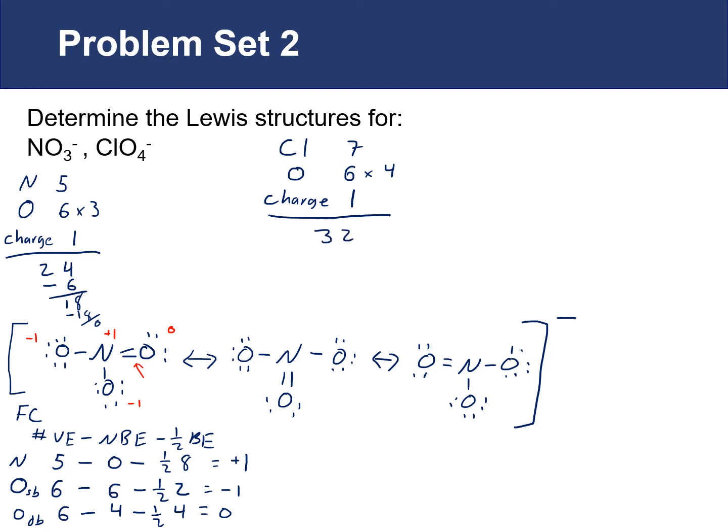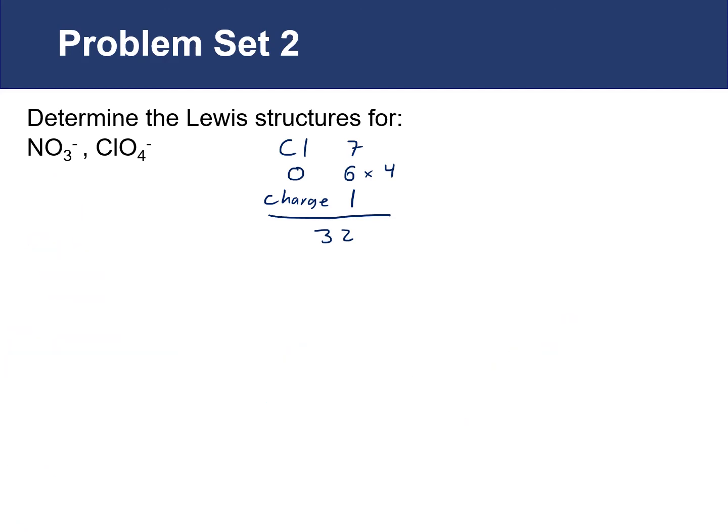We're going to put our chlorine in the middle. And in order to free up space, I'm going to erase our resonance structures for the nitrate ion. Okay, so we're going to start by drawing our chlorine in the middle. We have 4 oxygens around it. Okay, in bonding everything together, we used up 8 electrons.